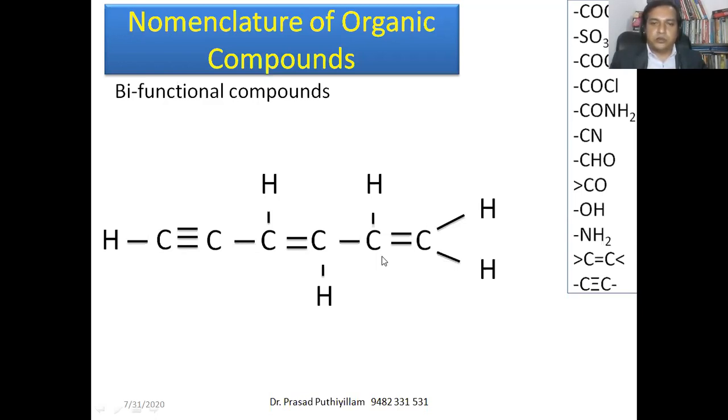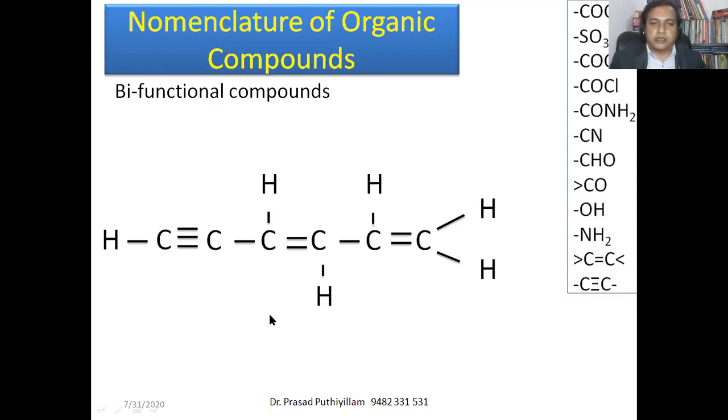Therefore, 1, 2, 3, and this goes to 5. So the first carbon atom and third carbon atom have a double bond. The fifth carbon atom has a triple bond. Therefore, this will be diene, and it is hexane.